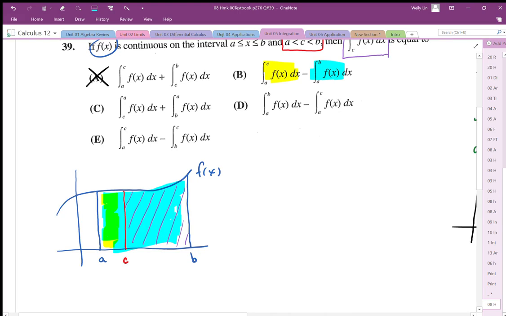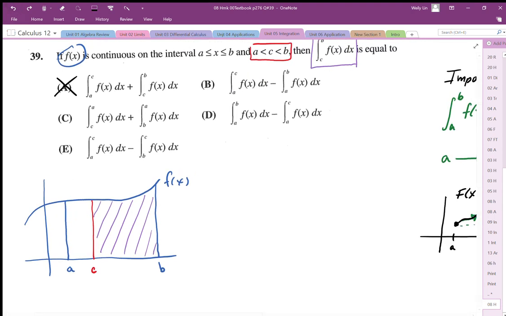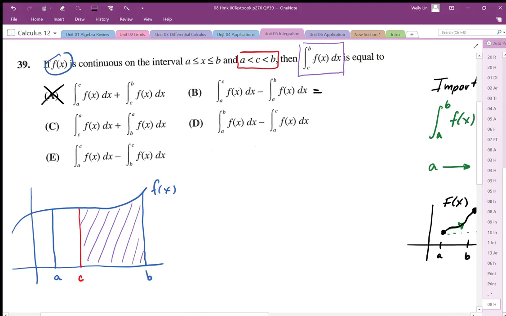The problem is we're taking away the area, so we're going to end up with a negative area. So this, again, is not possible. Okay, so I'm just going to get rid of that shading first. And this is really, although the magnitude of the area is the same as c to b, it's actually equal to the negative area of c to b. Okay, so this is not good.